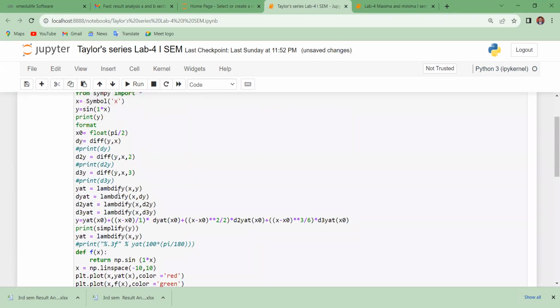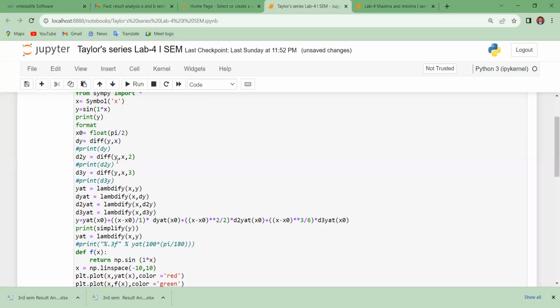Sine x like that. So format x naught value is pi by 2, float pi by 2, as it is a decimal one, so it just takes a float value here. So here we required first order, second order, and third order derivatives. Differentiate y with respect to x, that is stored in dy.